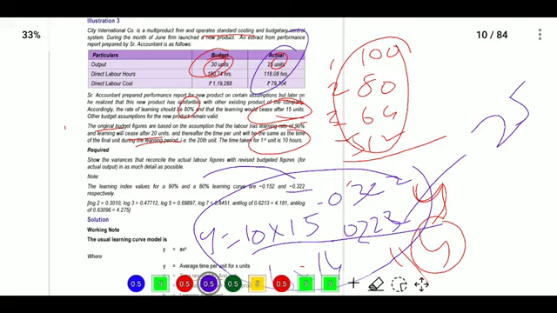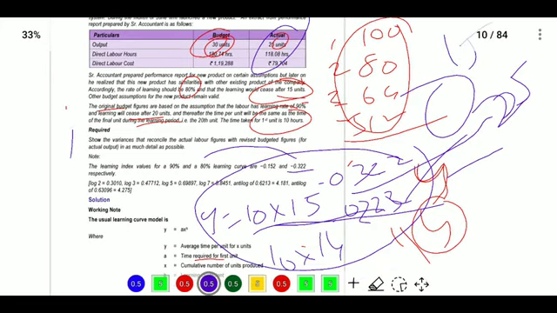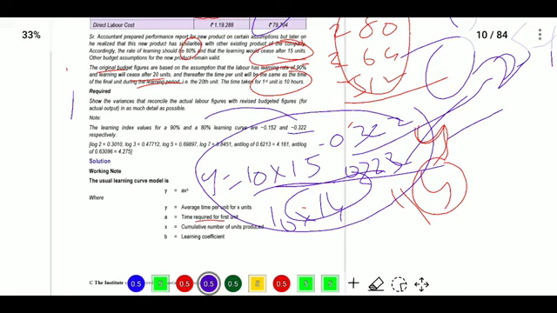For the 15th unit this will be the difference. For 15 units we will get, and we will calculate for 14 units, and the difference will be the next 10 units. This is the case of the first one. This is the case for the 80% curve.